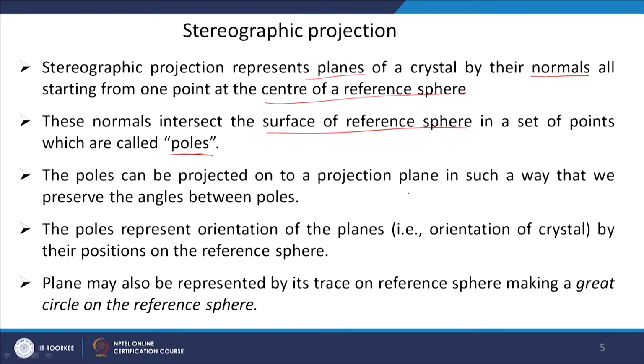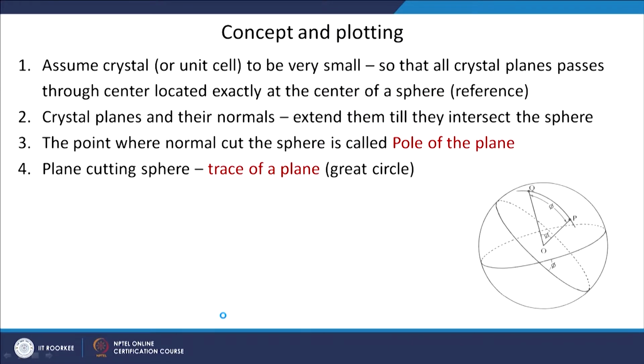Okay. And the poles represent the orientation of the planes, the orientation of the crystal, by their position on the reference sphere, and a plane may also be represented by its trace on the reference sphere, making a great circle on the reference sphere. Okay. So, just quickly I will show you what we mean by this. Okay. So, basically this is the idea of stereographic projection.